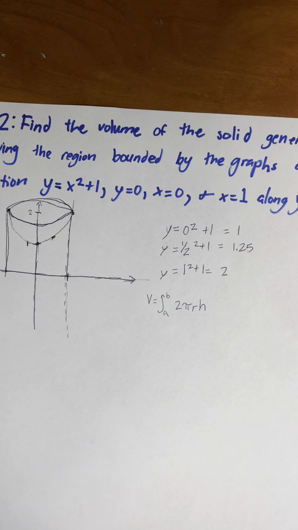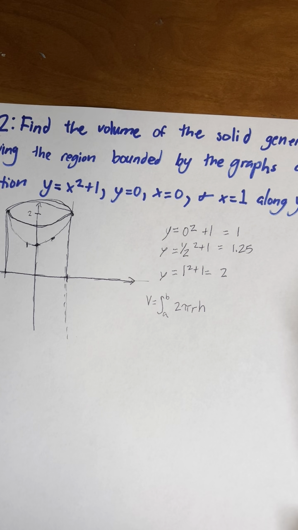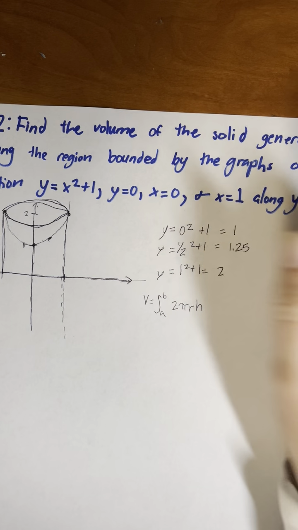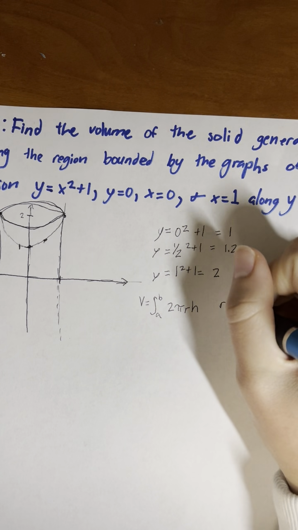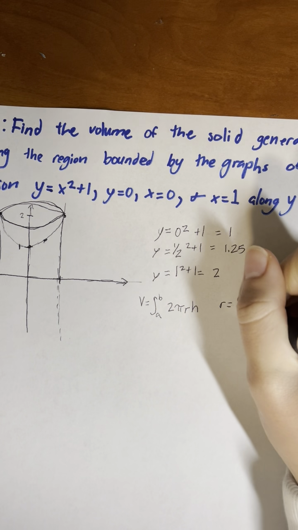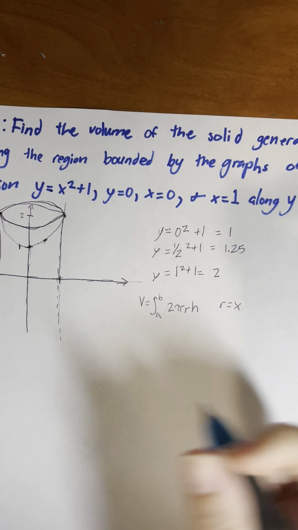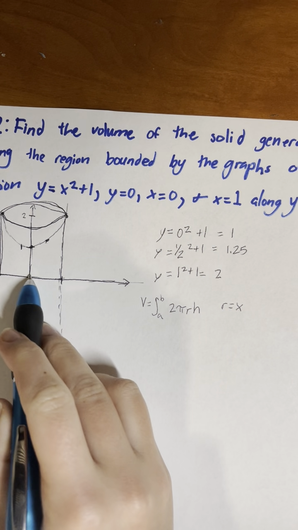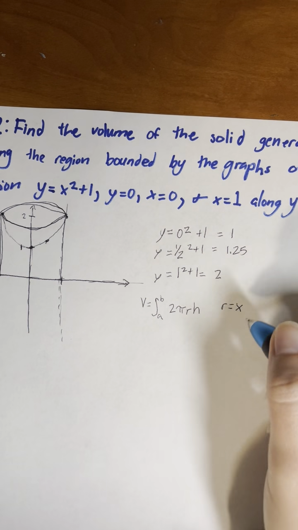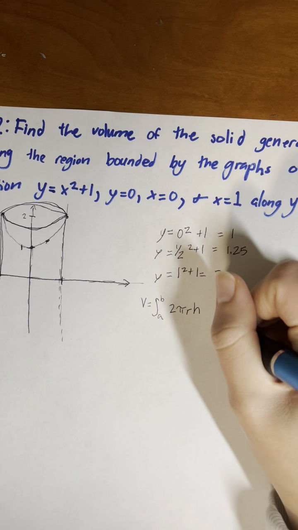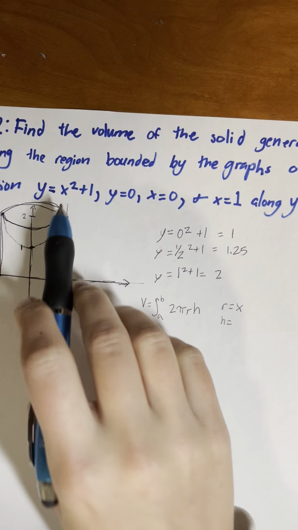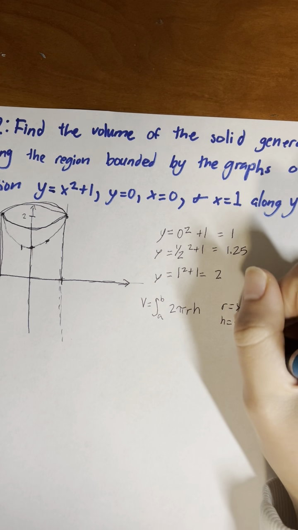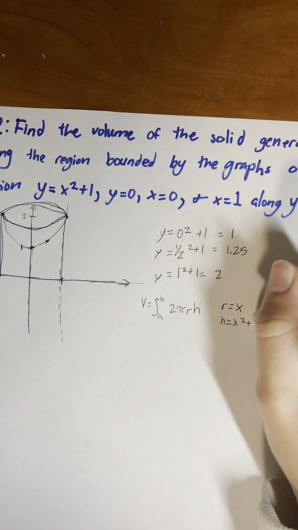Okay, so now we're just going to plug in our values. What's our radius? Our radius is going to be x in this instance because it's in the middle, it's at the center. And then our height is going to be our main function, which will be x squared plus 1.